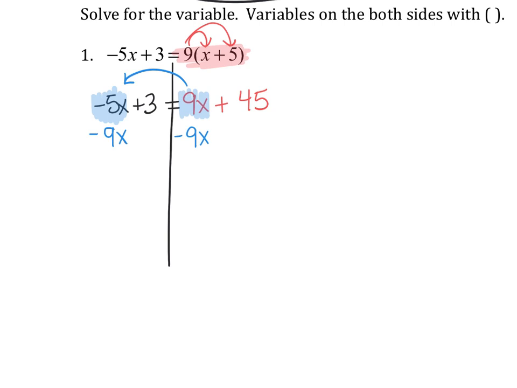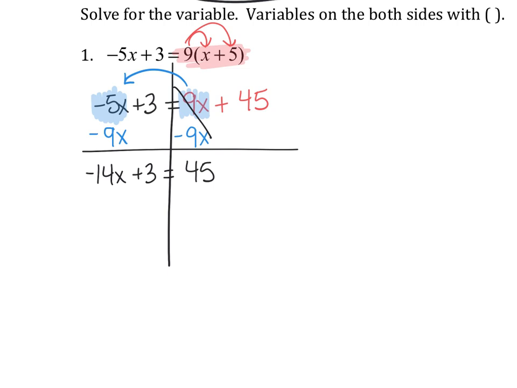So when I do that, I get negative 5x minus 9x is negative 14x. I still have a plus 3 here, and I still have an equals. The 9x's go away, and I'm left with a 45. Then I'm going to go back to my two-step problems.